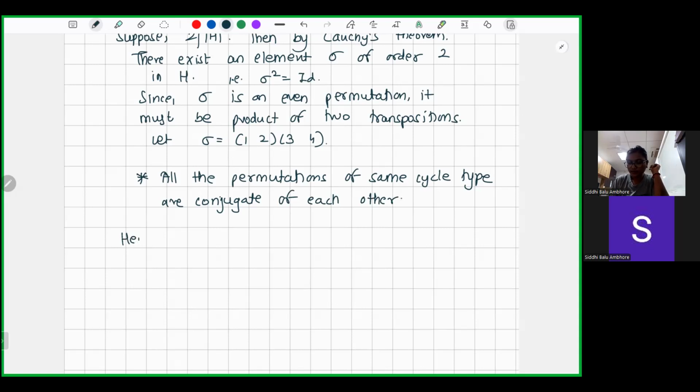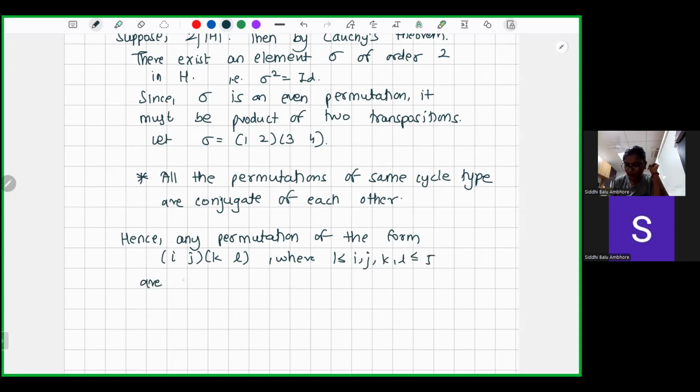And hence, any permutation of the form (i j)(k l), where 1 is less than or equal to i, j, k, l, are conjugate to sigma.